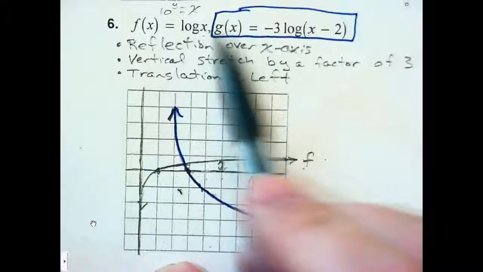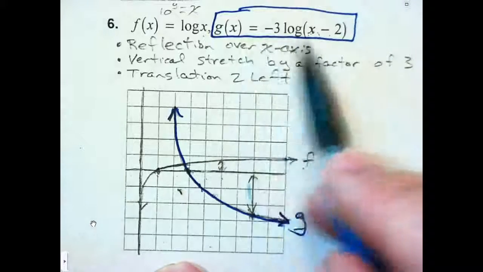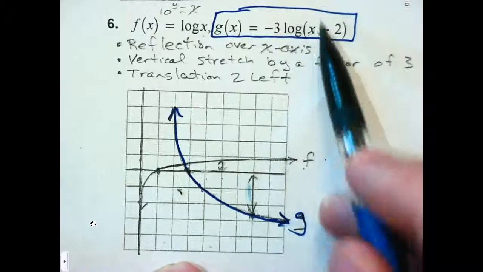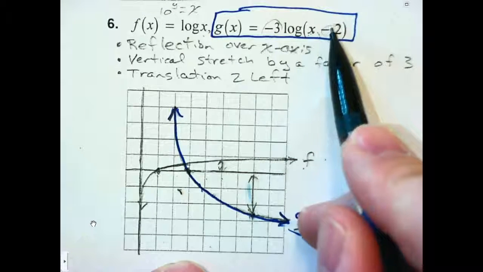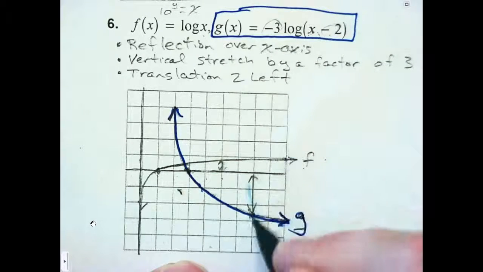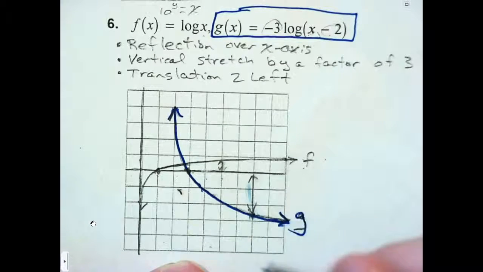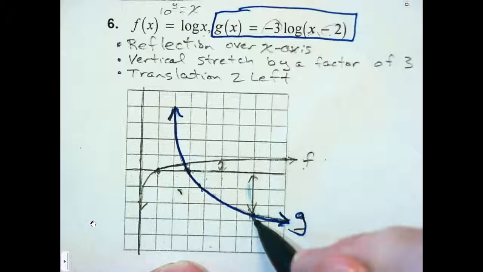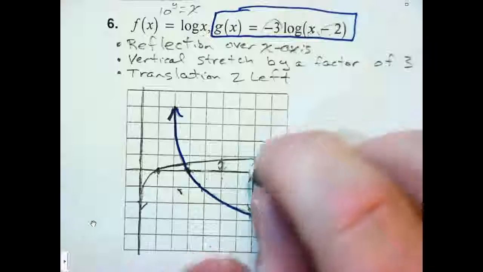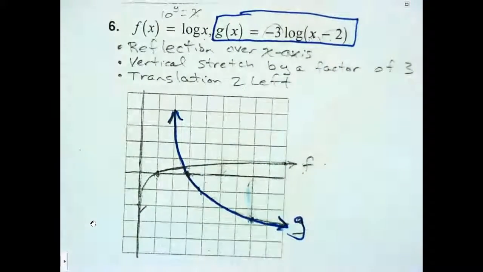You plug in 5 here, it should be the same as when you plug in 7 here, at least in terms of distance, like those points should be. So you'd have to take into account this and this, right? But if you're just looking at distance away, you're saying, okay, this is, for ease here, if this is 1, this would be 3. Okay? If that's the case, then yeah, it's one way to check it. Okay? Obviously not 1 and 3 on those. Good. All right.